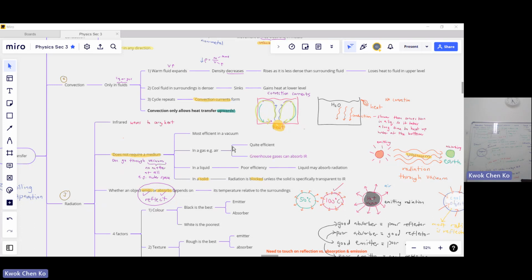So P naught will be pressure of water, plus pressure of oil, plus pressure of substance X, plus atmosphere above. That's how you set out the equation. The lowest point is the left hand side, and everything above is on the right hand side. Water is above, oil above, X above, atmosphere above.